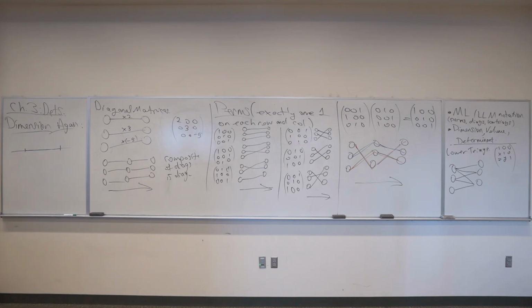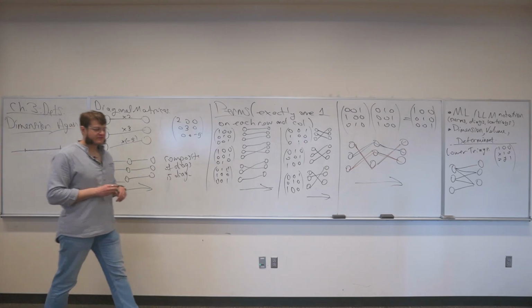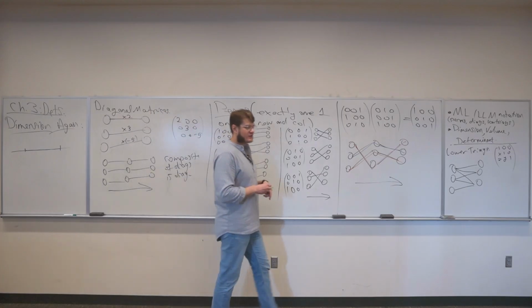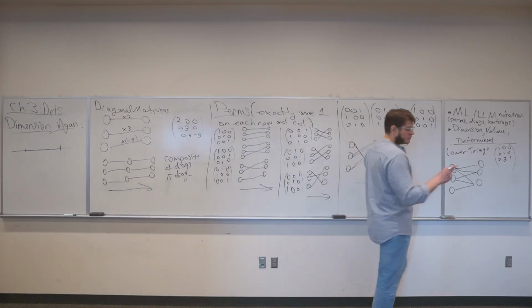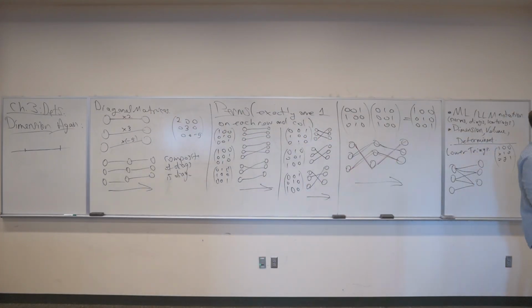Here's what I can do. I can think of pixelating this line segment into smaller pieces. Let's say I have a bunch of pixels, and each of these pixels has side length 1 over n.